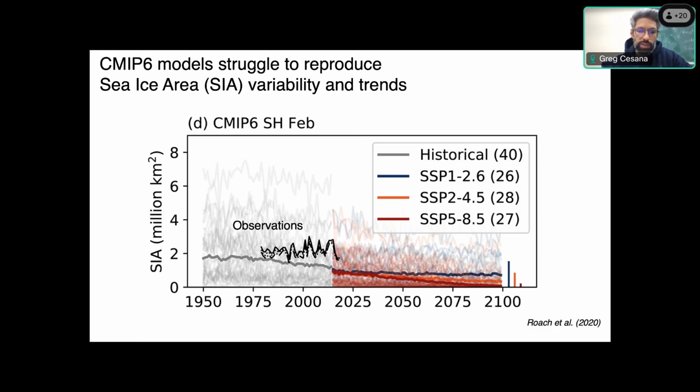And on top of that, you can see the observation in black. And most of the models do not capture that increasing, positive trend that's shown by the observations. And it's unclear from this figure, but they also do not really capture the variability of this trend. And so if they do not capture that, then we have some difficulty trusting what the simulation of the future should be.